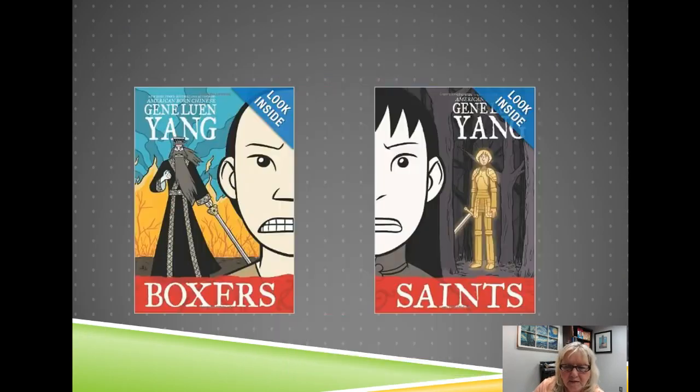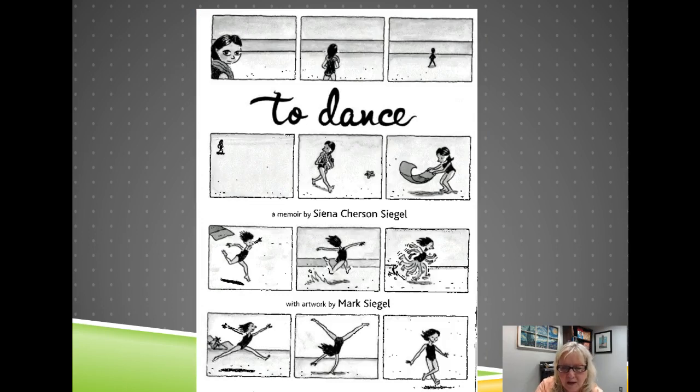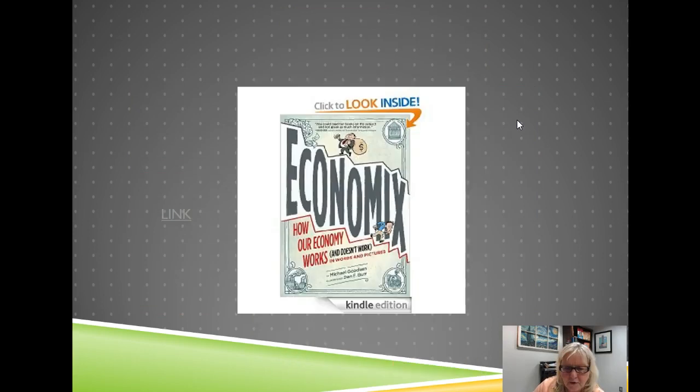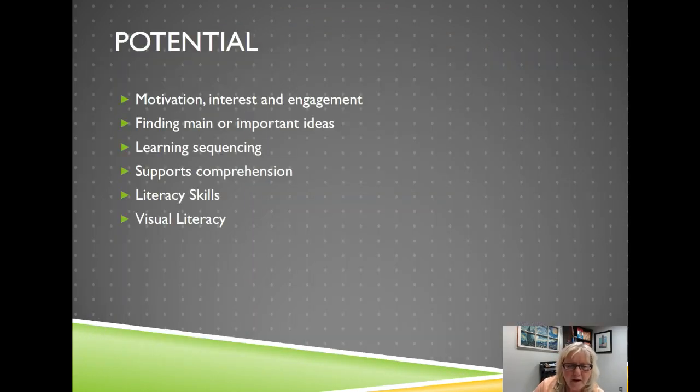So going back, you can see one thing following another with her, and learn sequencing. For younger students, it supports comprehension. The visual adds to understanding the comprehension, the reading, literacy skills, visual literacy.